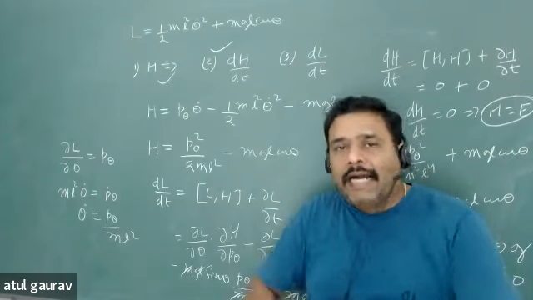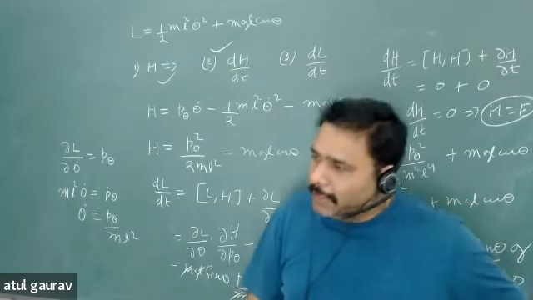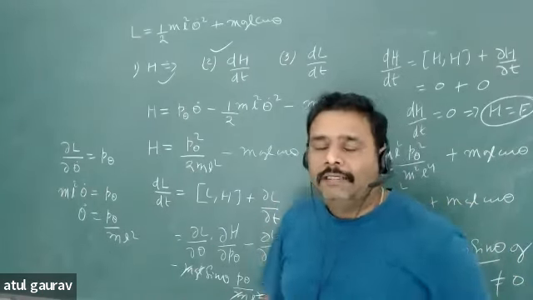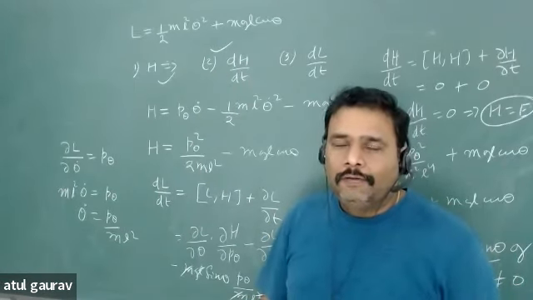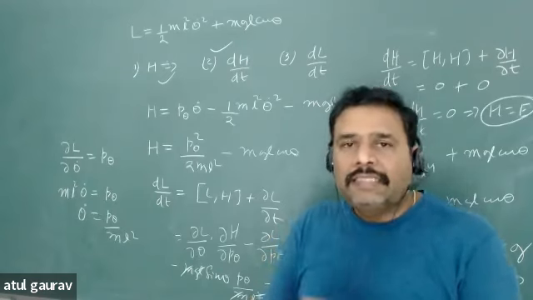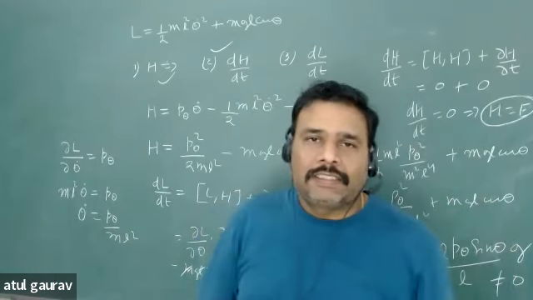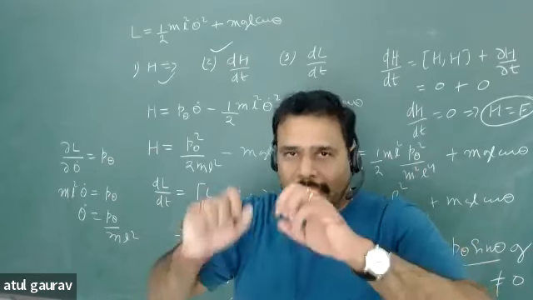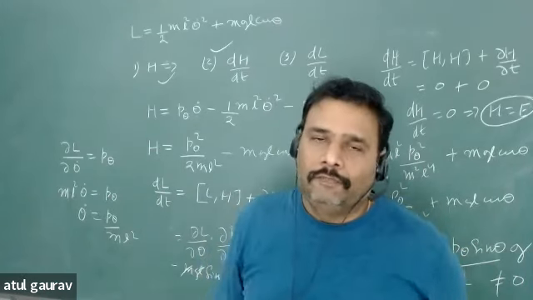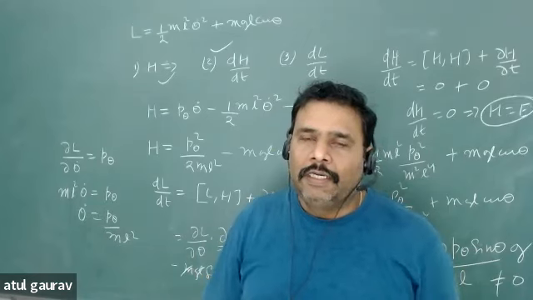So only by looking at time, you cannot tell whether this will be a constant of motion or not. You have to just see the relationship between that function and the Hamiltonian, and then you can work with this particular concept.